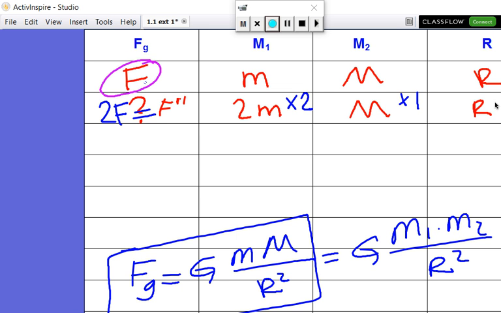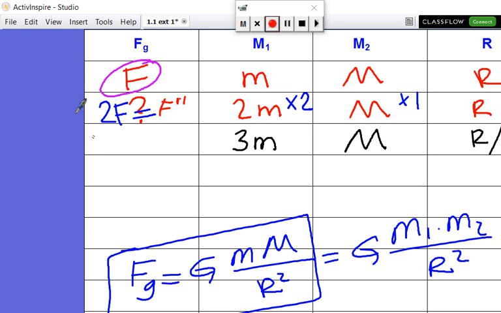All right, let's have a look at another one. Let's say the mass of the first object triples. The second mass stays the same, and the distance between them is halved.